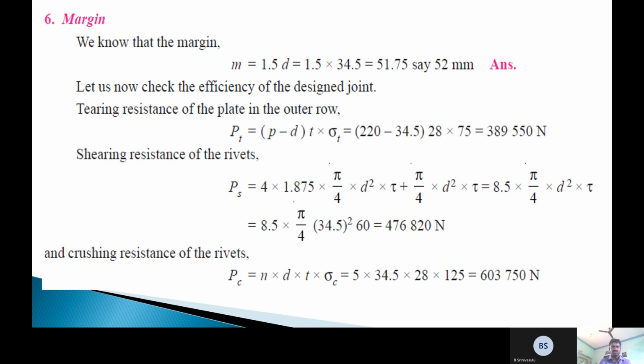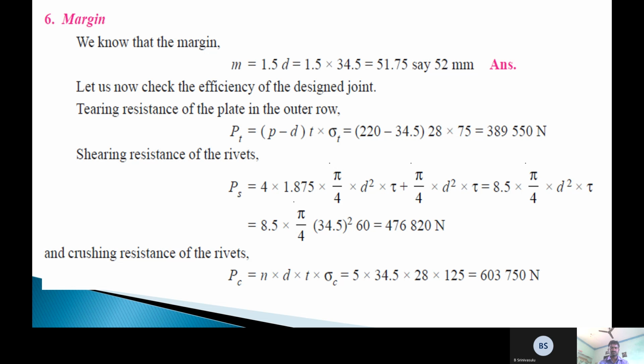Let us now check the efficiency of the designed joint. Tearing resistance of the plate in the outer row, PT equal to (P minus 3D) into T into sigma T, that equal to 3,89,550 newtons. Next, shearing resistance PS equal to 4,76,820 newtons.